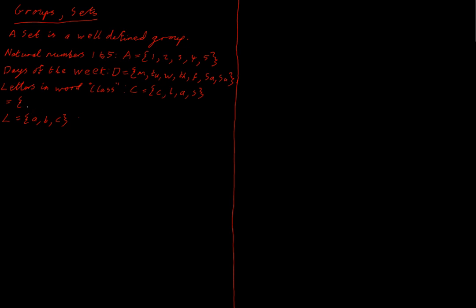Wouldn't it still be the letters in the word class if we wrote down S, C, L, and A? Does that still meet our description? The letters in the word class. Well, I have C, and I have L, and I have A, and I have S. So yes, that still has all of the letters in the word class. So that's also the set C. That's just another way of writing the set C.